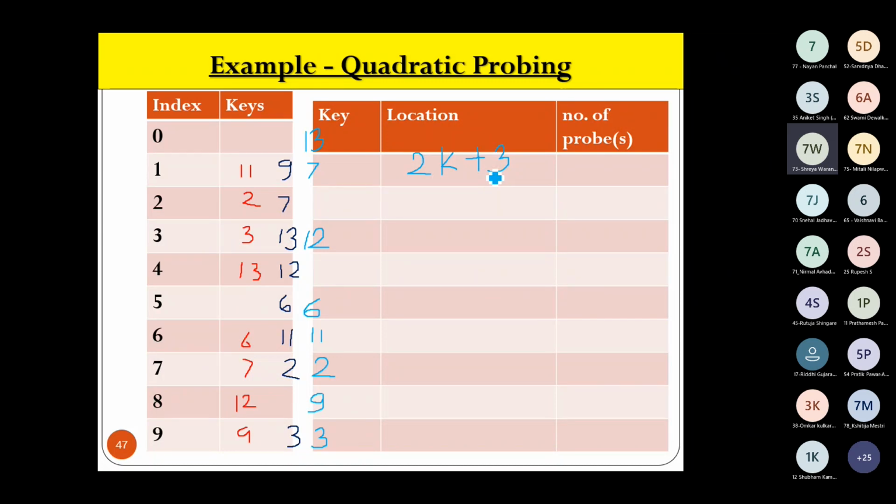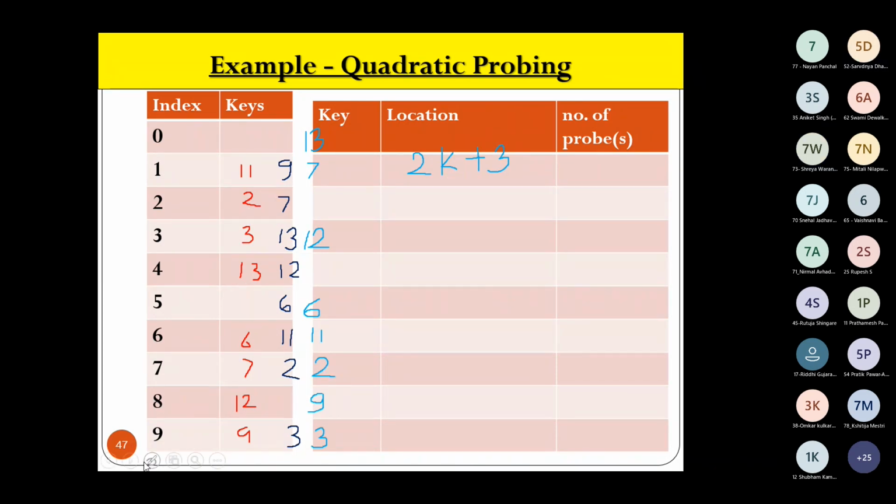Sarvadnya, what's your result? Ma'am, actually I took just k as the function. I'm wrong, sorry. You applied some other hash function, so your answer is wrong. Agreed? Yes, ma'am, I agree.